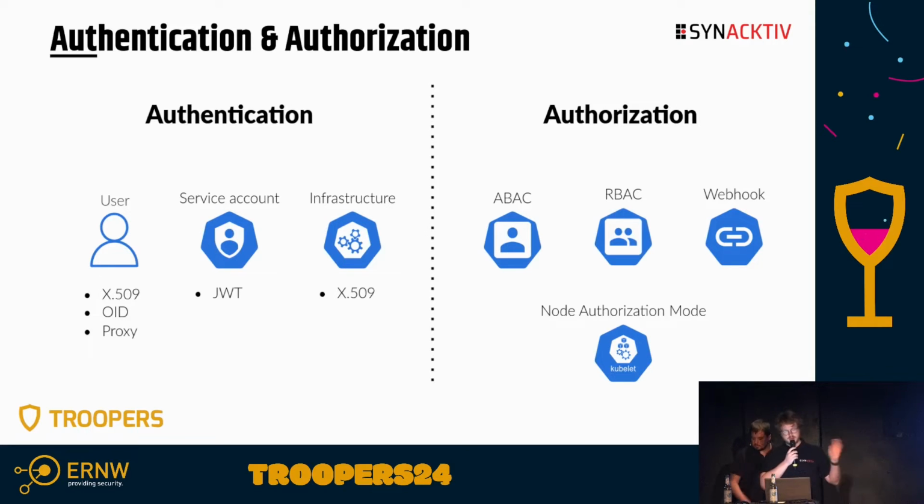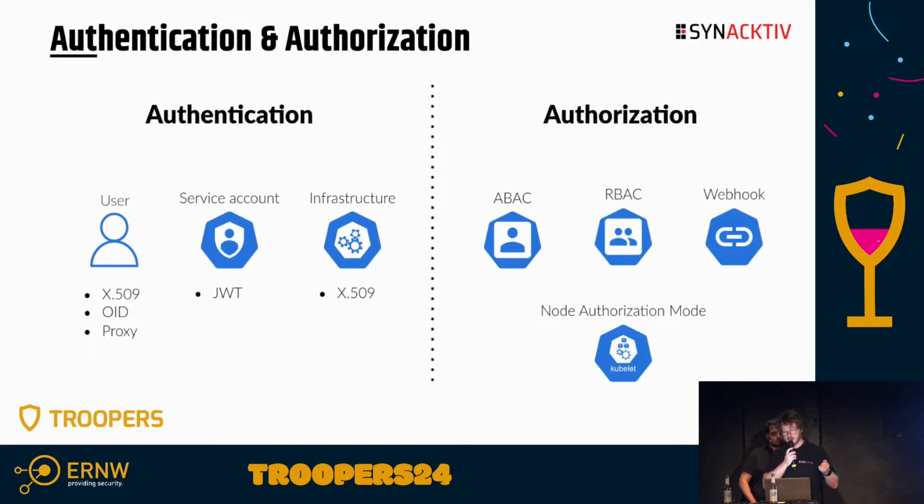For the authorization part, you can use mainly three different methods. There is attribute-based access control, where for each identity you will list all their privileges. Then you have the most used, the RBAC method, where you will group your privileges inside roles that you will be able to bind to your identities.